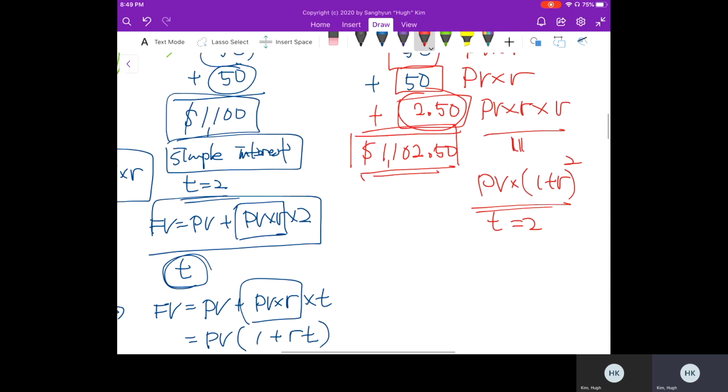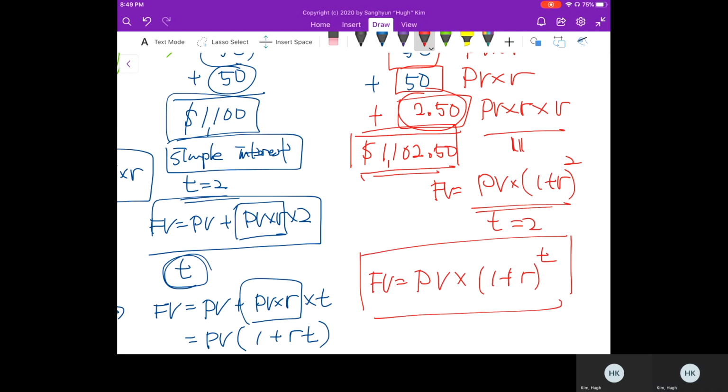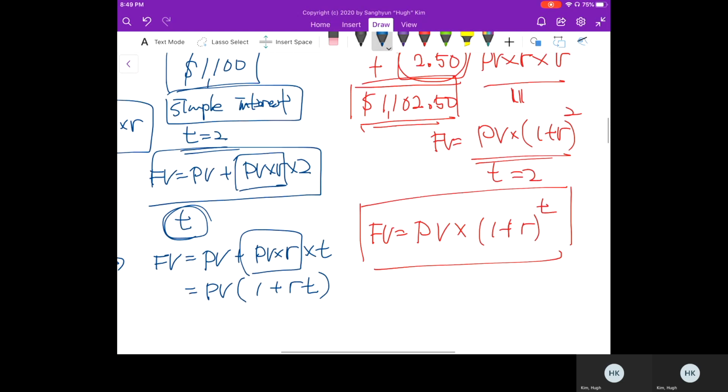And this can be generalized to present value, the future value is equal to present value times 1 plus R raised to the power of t using compound interest. So compare this to using simple interest.